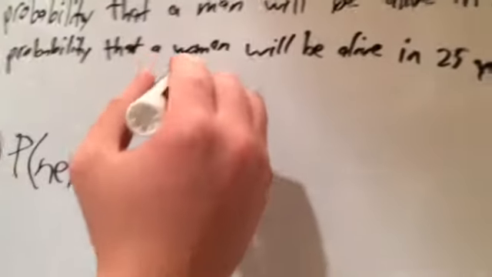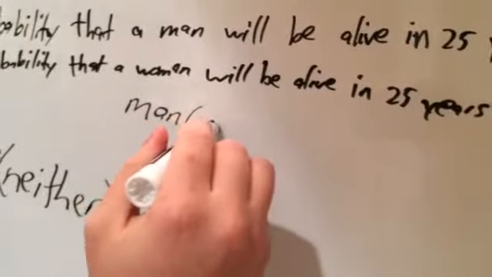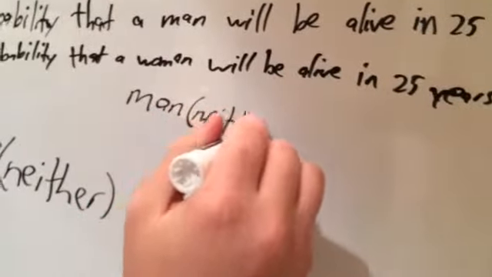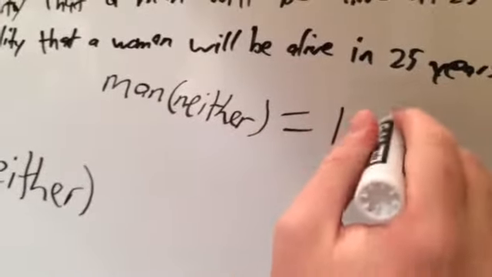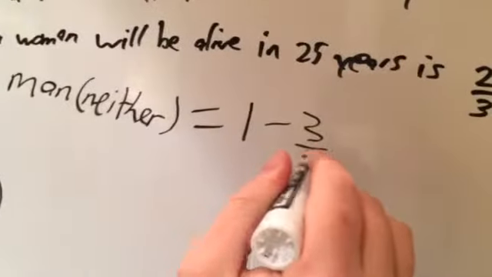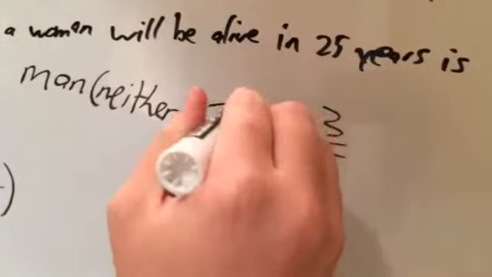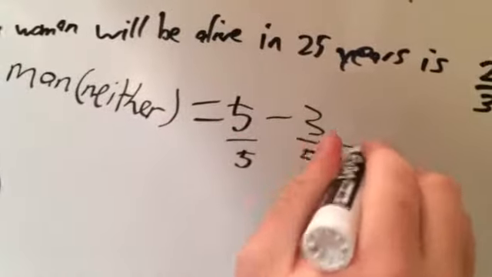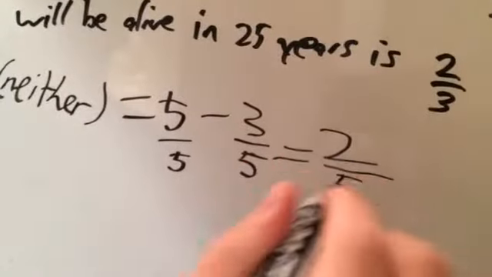So for the man, neither. We can do 1 minus 3/5, or if you want to make it easier, you can do 5/5. So the probability that the man will not be alive in 25 years is 2/5.